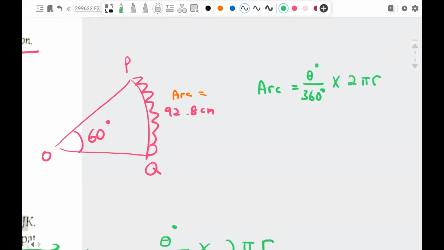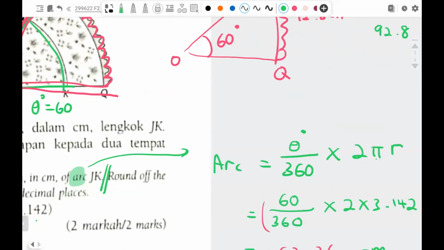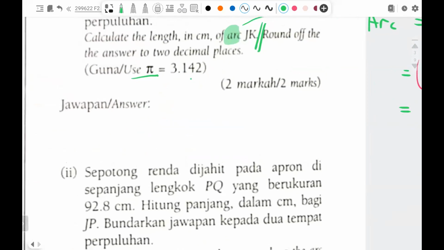So we form the equation first. Write down first and substitute whatever we have. Given the length of arc is 92.8, and we have the size of the degree, which is 60 over 360 times 2 times pi, using pi equal to 3.142.